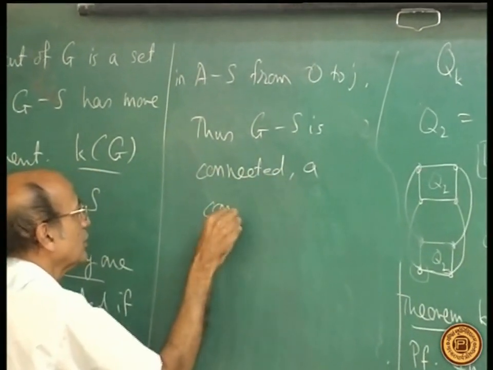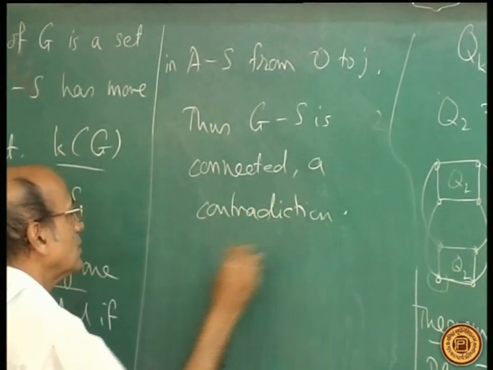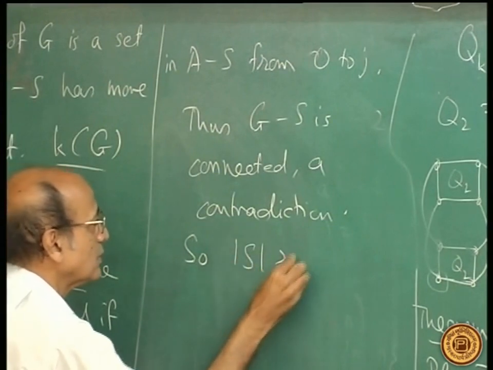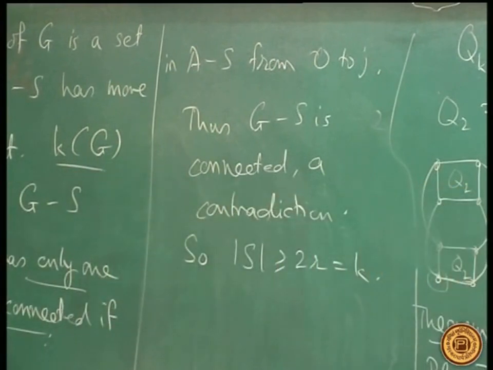Why is this a contradiction? Because we said that this is a vertex cut. So every vertex cut has to have size at least k. That is only case 1.